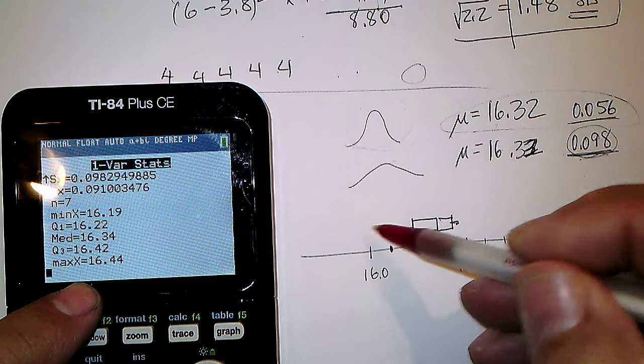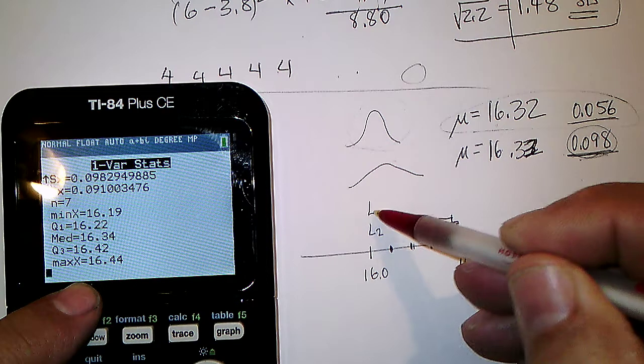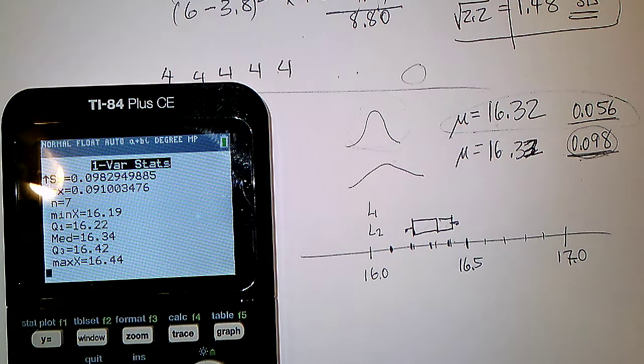Now let's take a look at list 1, the first supplier.